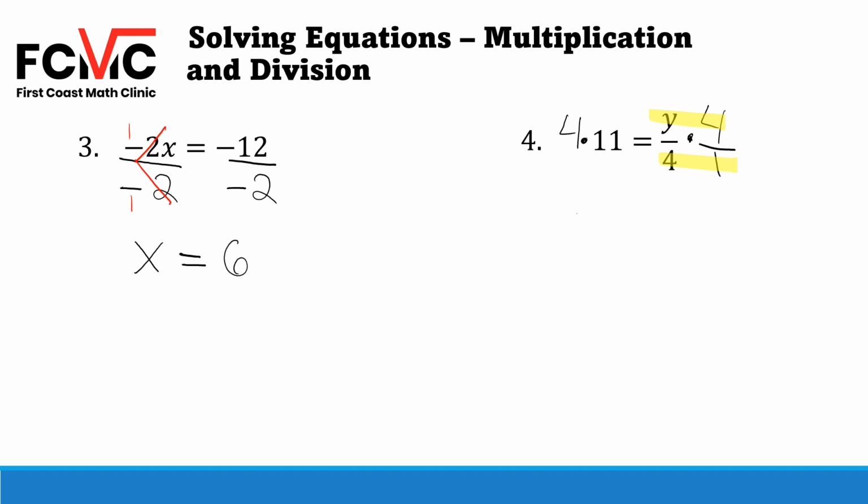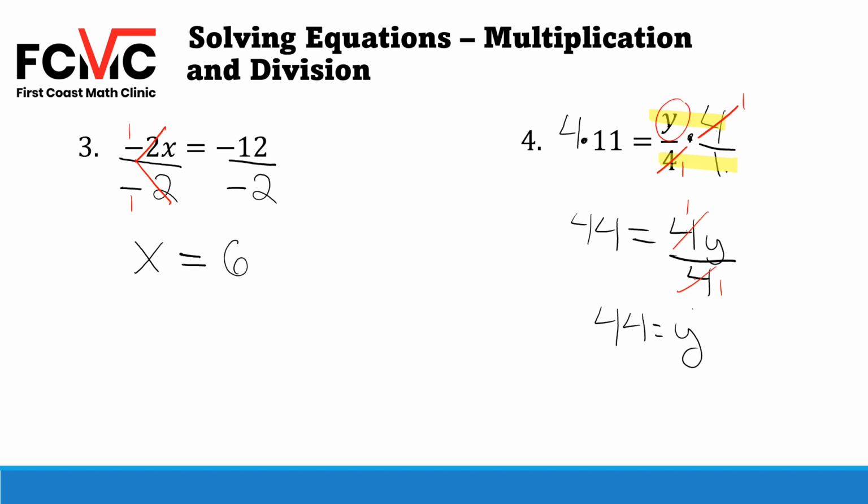So on the left, we get 44 equals 4y over 4. 4 times 1 is 4. y times 4 is 4y. And then we could just divide. 4 divided by 4, because any fraction is division, is 1 and 1. And we're left with 44 equals y. So basically what we're doing here is dividing out those 4's, and we're left with 1 and 1, so we just keep that y.